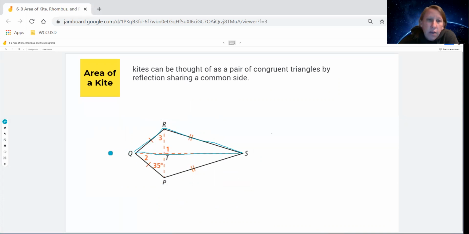And if line QS is the line of reflection, you can see that QRS would map perfectly onto QPS. These sides are the same, these sides are the same, the side in the middle is the same. So a kite is actually made up of two reflecting congruent triangles that are attached in the middle.